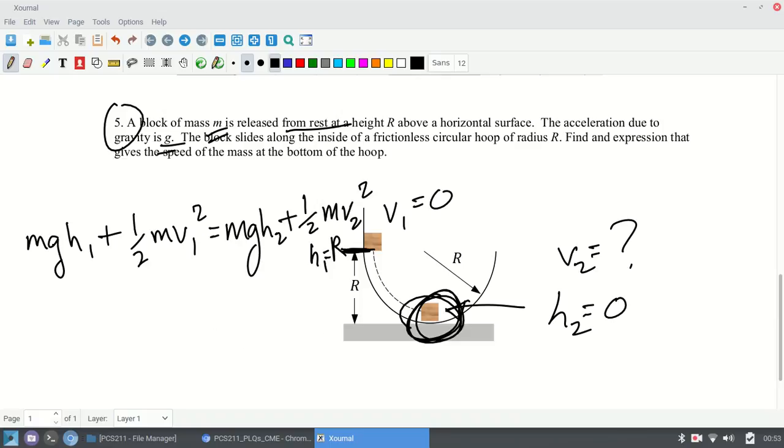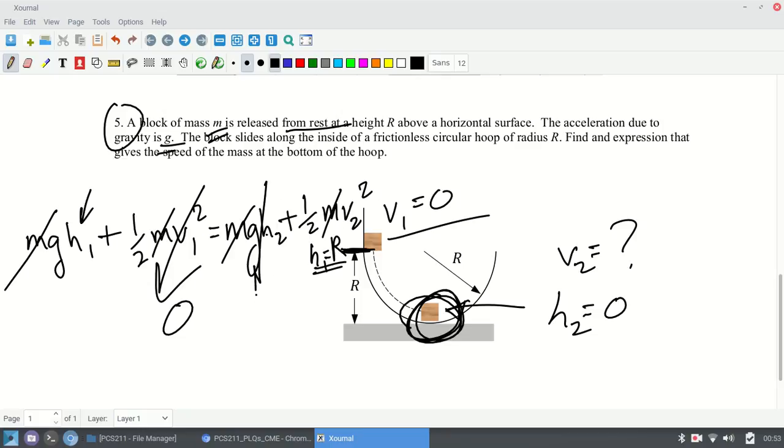Now I can kill all the masses. Furthermore, I know that v1 is equal to 0, so this term goes away. h1 is R, and h2 goes away because h2 is 0.